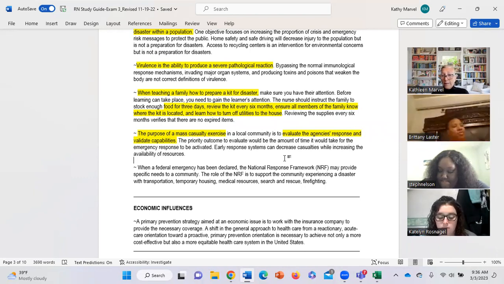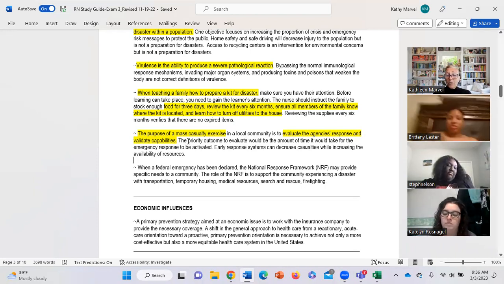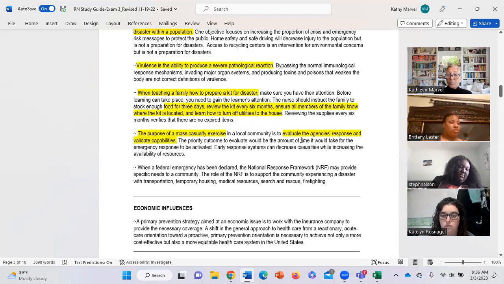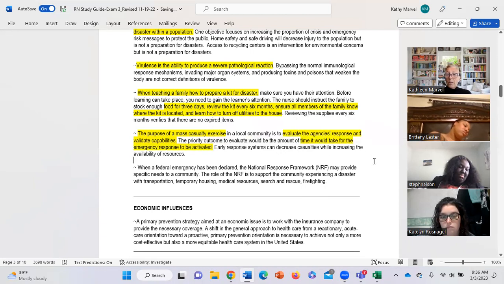Did the command center get set up in a timely manner? So the outcome is to evaluate the time it took for EMS to be activated. That's right. Early response systems can decrease casualties while increasing availability of resources. So you need to have an idea of why you would do a mass casualty exercise.